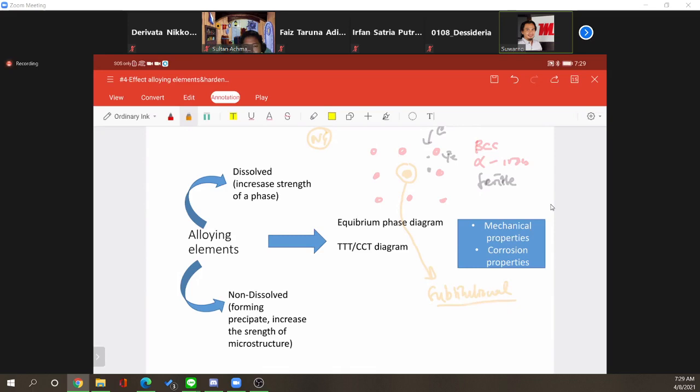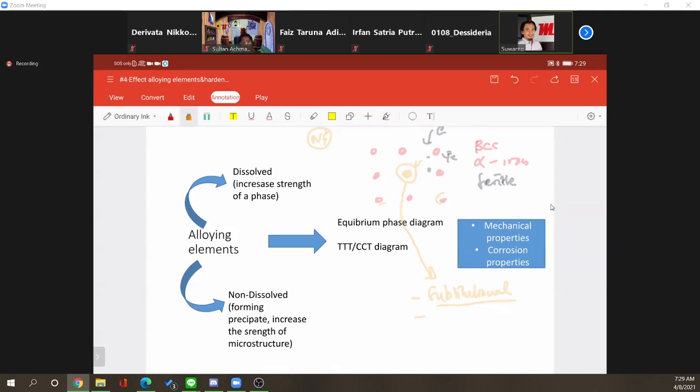Which means they are sitting in the atomic lattice of iron. Nickel will take the atomic position of iron, and they are basically not regular. So nickel can be here, sometimes here, can be here.